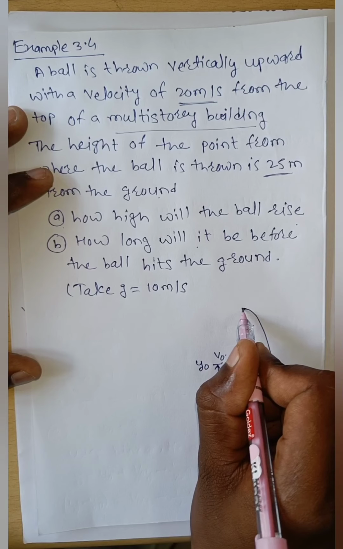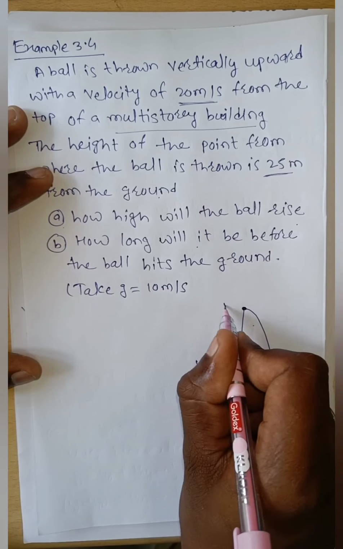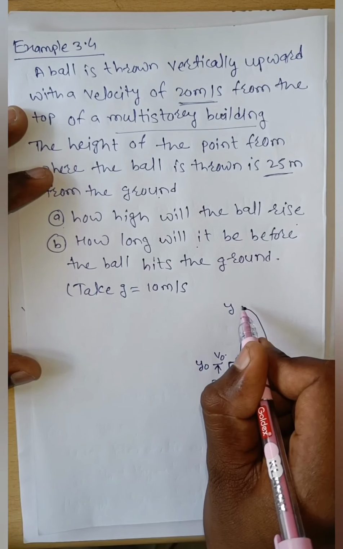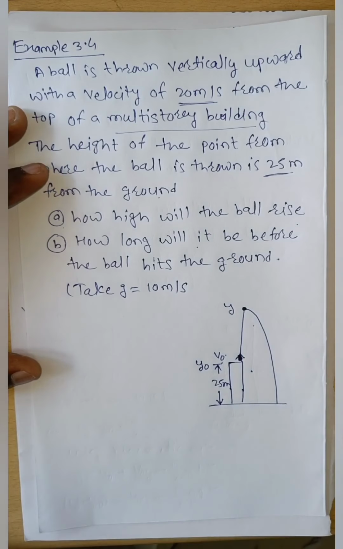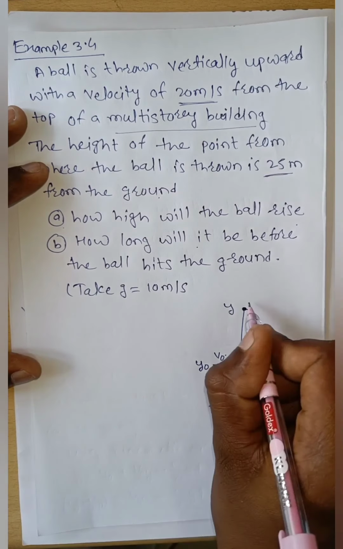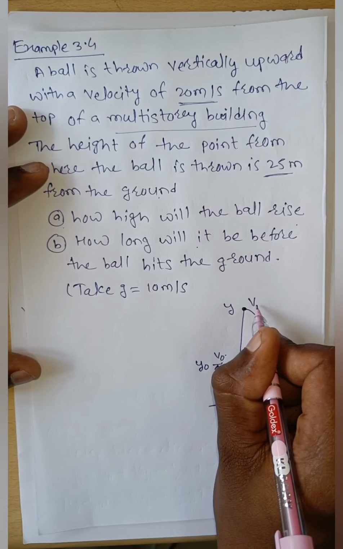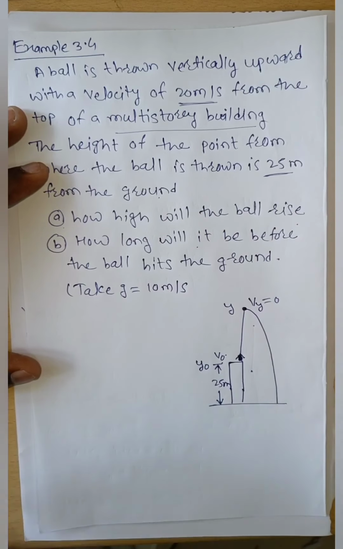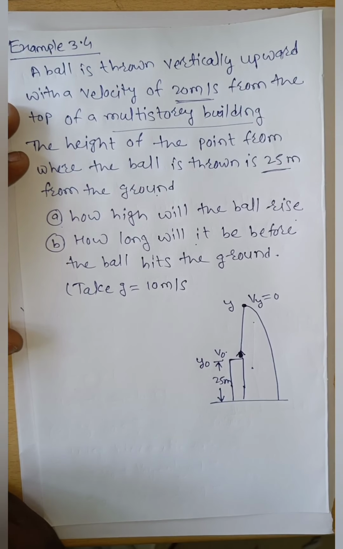When it reaches the certain height, this is the final position y. At the point when the ball reaches the maximum height, the final velocity vy becomes 0.